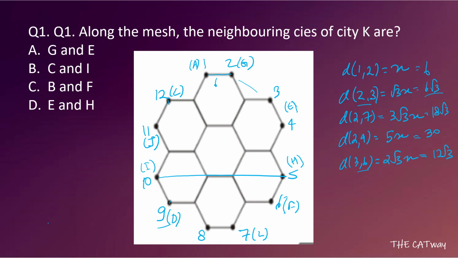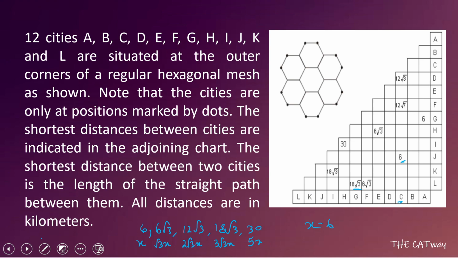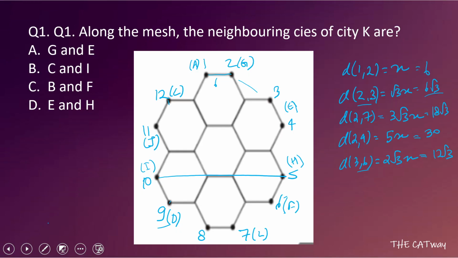So let's see what we can do with them. E we have got at 4. What are the letters which are left? We have A, we do not have a B, we have C, D, E, F, G, H, I, J. K is left. Okay, B and K are left. Let's see what is given about B and K. There is nothing given in a direct way, but there is a relation given between K and I: K and I is 18 root 3.